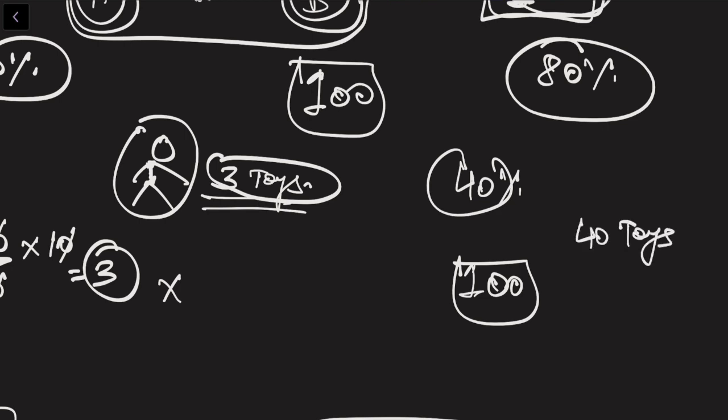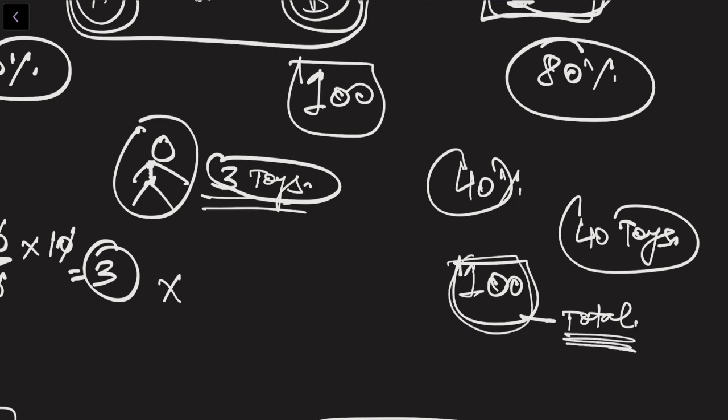When the total number of toys is 100, only then is the kid going to have 40 toys, which means the percentage is 40%. The kid is getting 40% of toys. The number of toys in the shop, let it be 100, then the kid will get 40 toys.